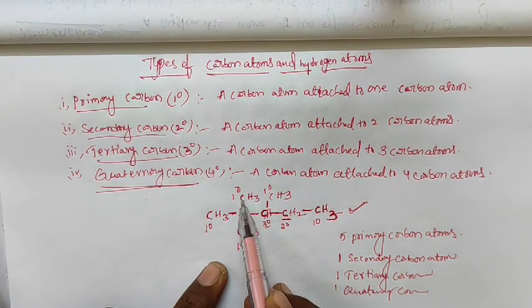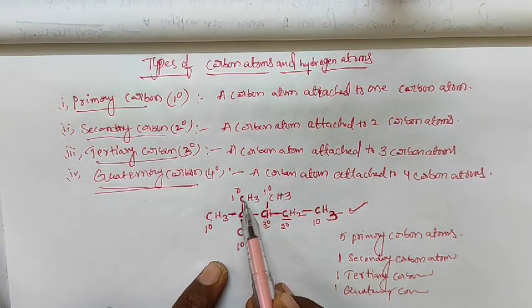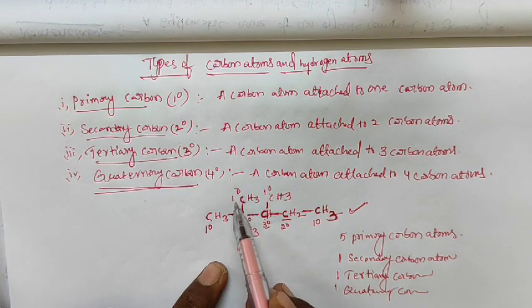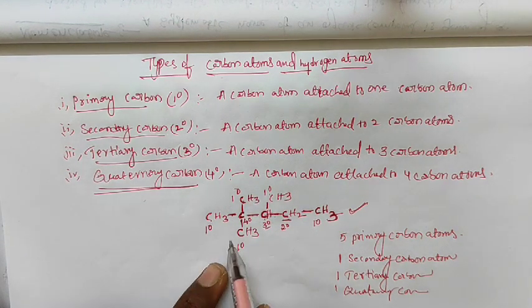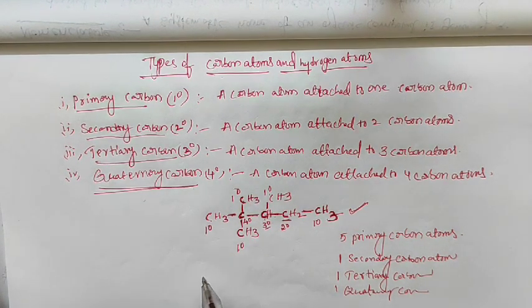Now what about hydrogen atoms? Primary hydrogen means the hydrogens attached to a primary carbon atom, that is, a carbon attached to only one carbon atom. Those hydrogens are called primary hydrogen atoms.